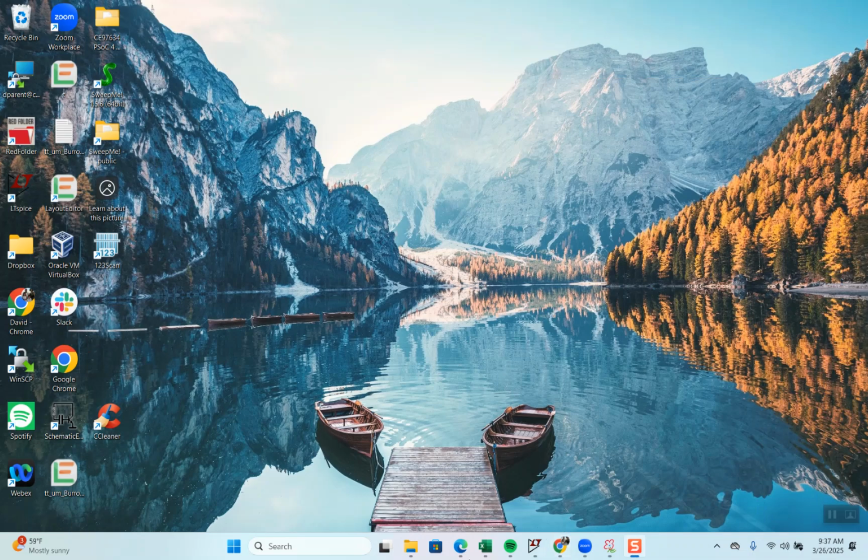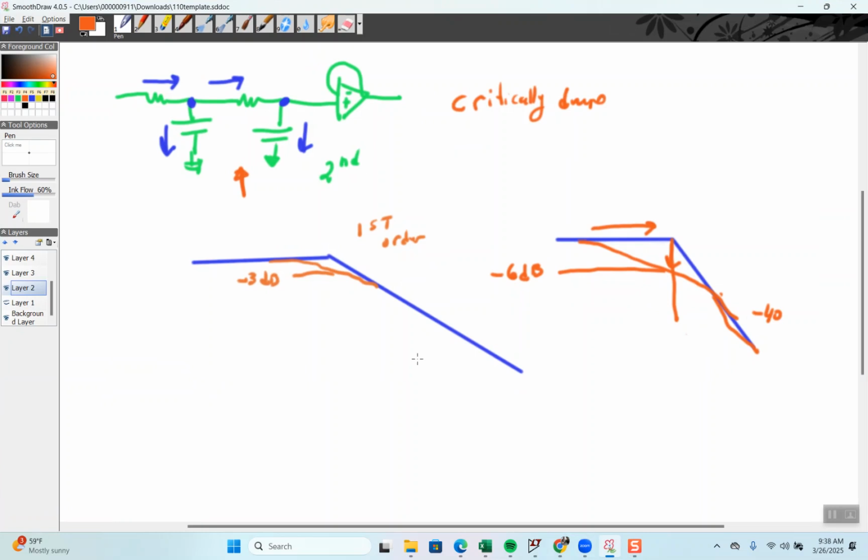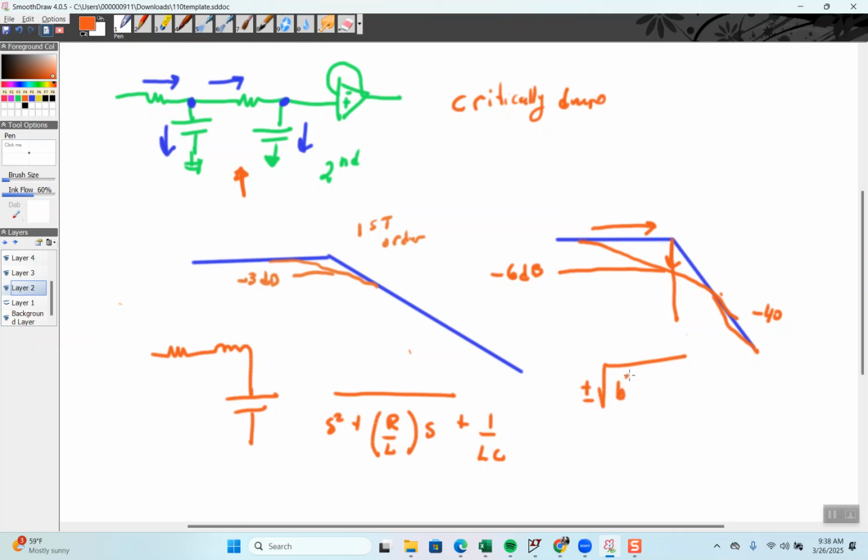Let me go back here. All right. So just a quick thing, here's an RLC circuit, right? And we have s squared plus R over L s plus 1 over LC. Well, notice plus or minus square root of B squared minus 4AC.